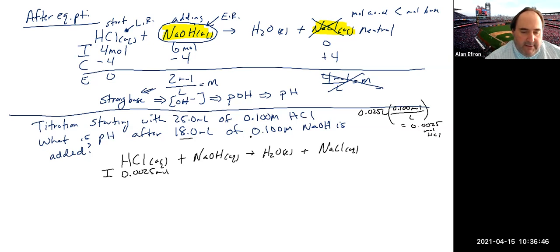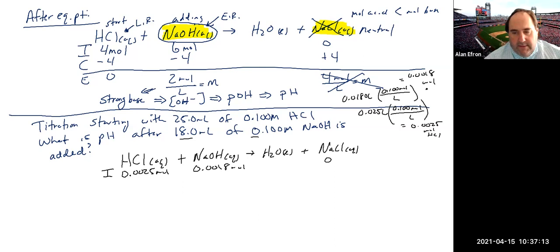We'll do the same calculation with sodium hydroxide. That's 0.018 times 0.1, which gets us 0.0018 moles of this, and none of that. Again, done the same way, our 0.018 liters times our molarity of 0.1 moles per liter, giving us 0.0018 moles of sodium hydroxide. Any questions at that point?